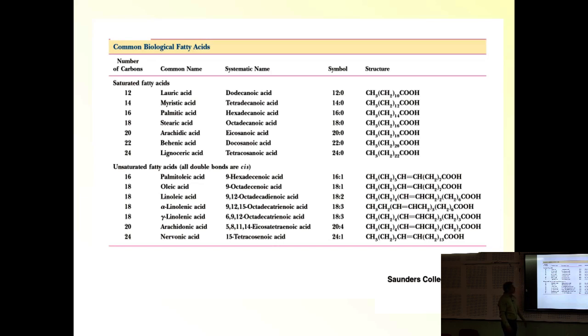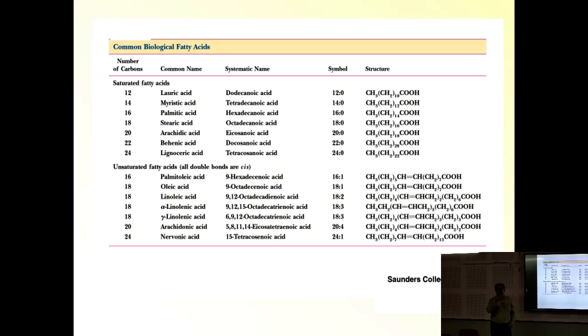Similarly, tetracosanoic acid, remember this, very important. Arachidonic acid 20:4, 24:1. So if the examination asks what is the name of the 16:1 fatty acid, you have to name it palmitoleic acid. Similarly, 18:2 means linoleic acid.